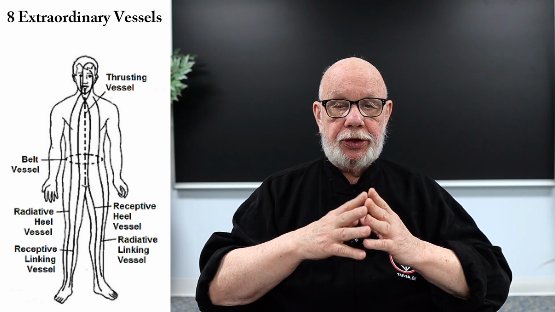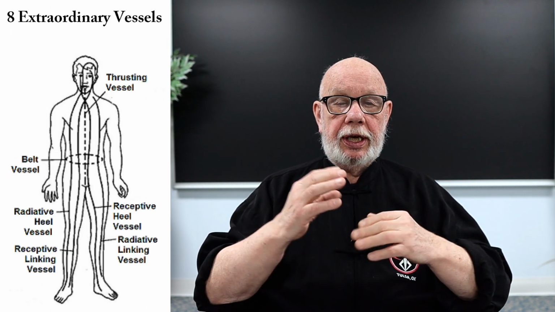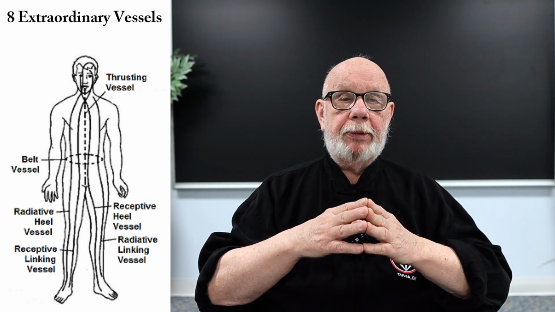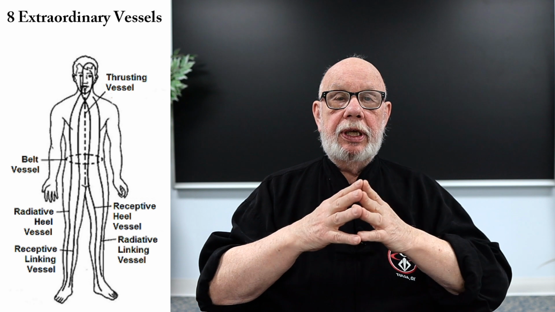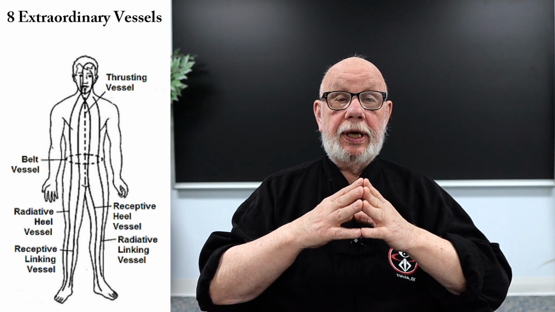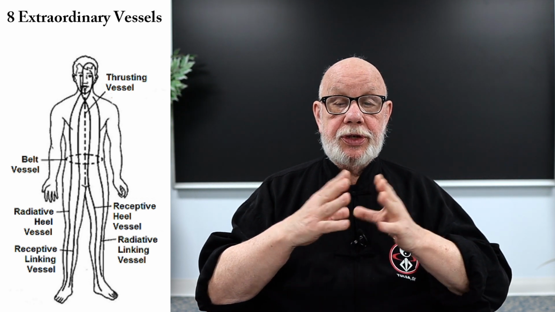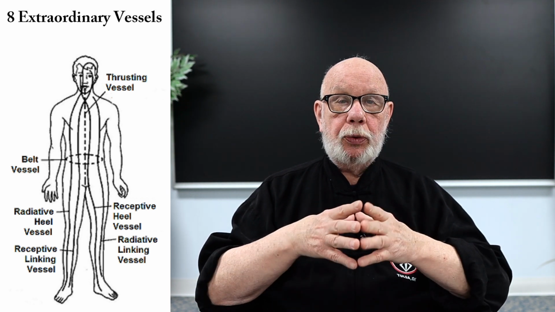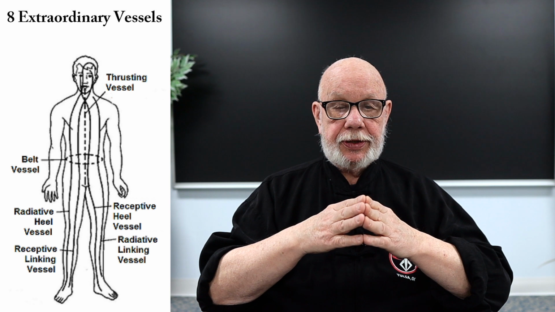And as you'll see in this illustration over here, there's 7 vessels going up and down the body, whereas that one in the waist area is the one we're actually talking about right now. So all of them are within that circle, if you will, created by the belt vessel.